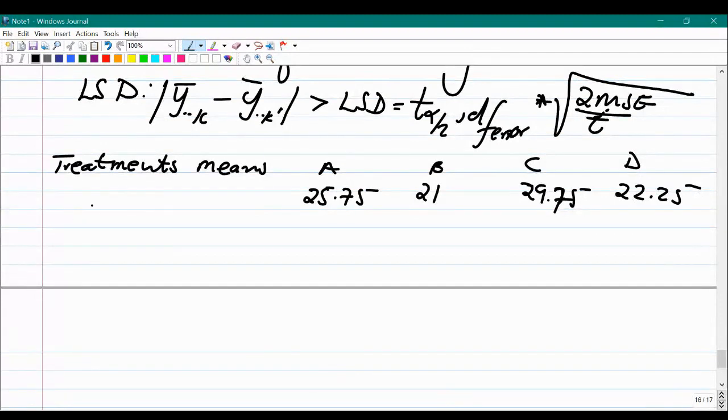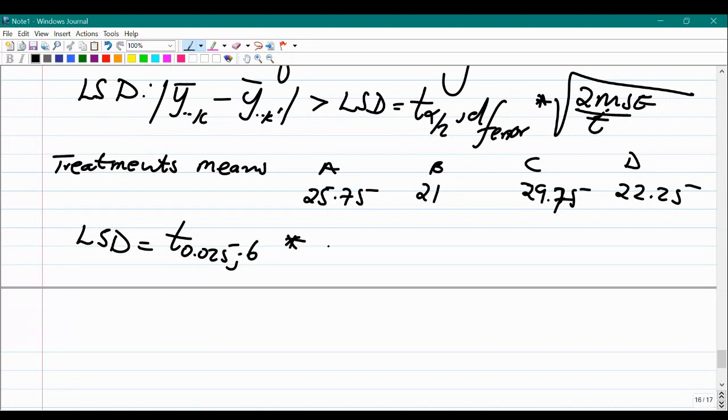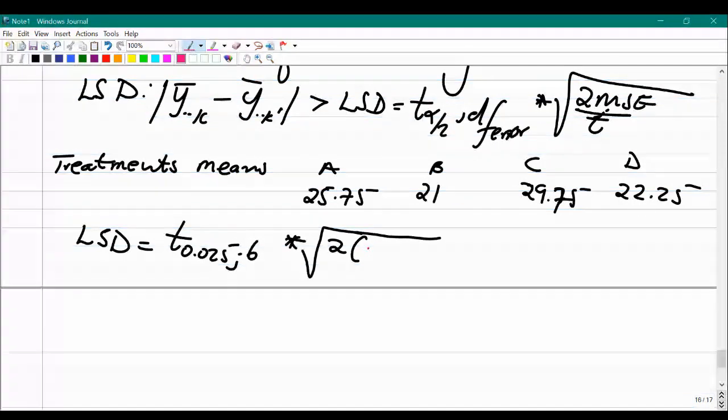So now, we said we can use the LSD method. Let's find the LSD value. We'll say t of 0.025, provided we're using 5%. Degrees of freedom of error we said is 6, multiplied by the square root of 2 times the MSE from the ANOVA table. You don't have to recalculate this. 4.3125.